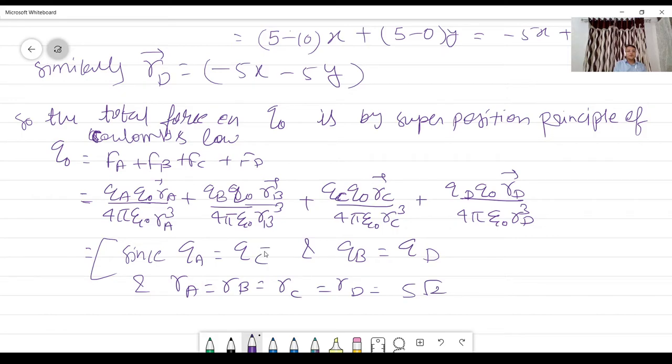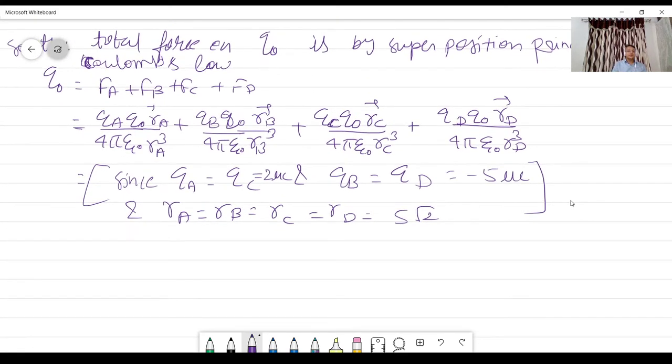These values are 2 microcoulomb, and QB equals QD equals minus 5 microcoulomb. So when I put in all these values, if I consider these equal, I can simplify this very easily. Let's suppose QA equals QC equals Q1 and QB equals QD equals Q2, and this entire distance I'm going to consider R. So the above formula can be simplified into a very compact form.